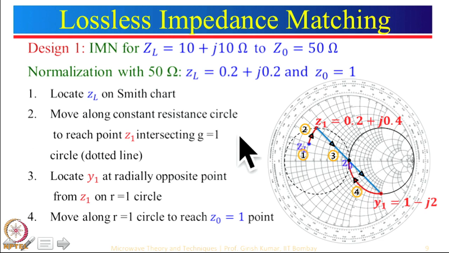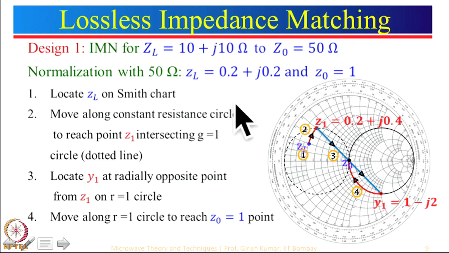So, we are going to take the same problem. ZL was given as 10 plus J 10 ohm, and we would like to have Z0 equal to 50 ohm, or you can say we want the input impedance to be 50 ohm. Let us see how the Smith chart can be used for proper lossless impedance matching.